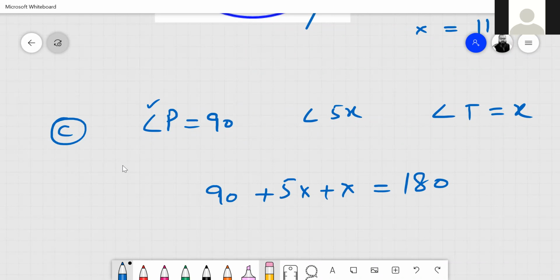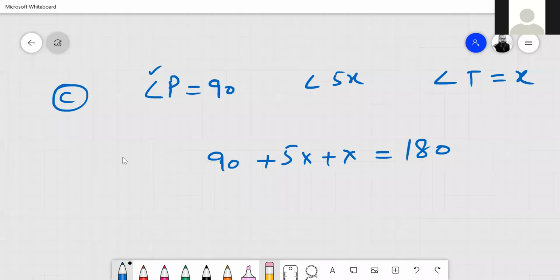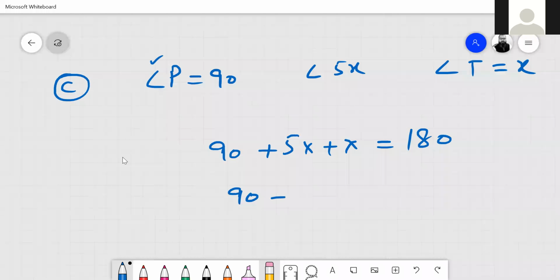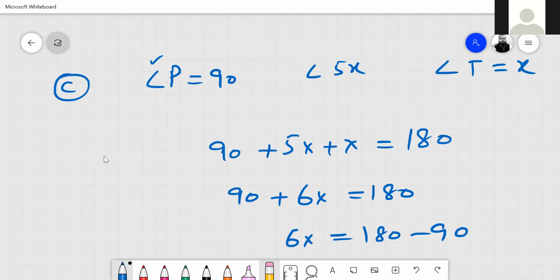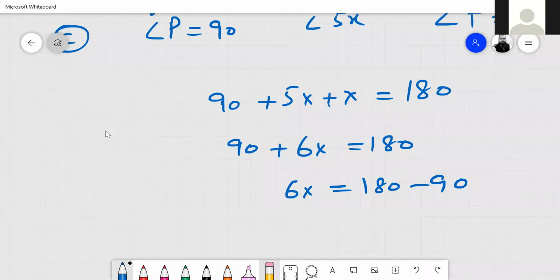PTO is a triangle and the sum of angles of a triangle is 180. So now 90 plus 6x equals 180. 6x will be 180 minus 90, and x will be 90 over 6. What is x? 90 divided by 6 equals 15.